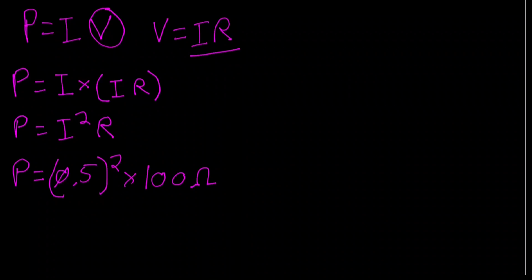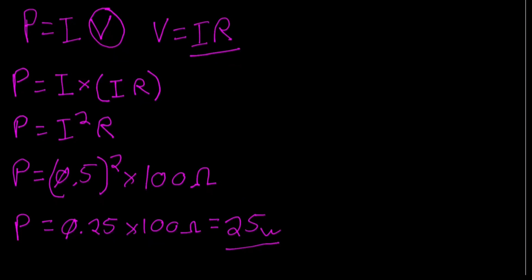So if we plug in our numbers and do the math, 0.5 squared is 0.25 times 100 ohms, and that's going to equal 25 watts. Okay, so you have 25 watts for a current of 0.5 amps, half an amp, multiplied by a resistance value of 100 ohms.